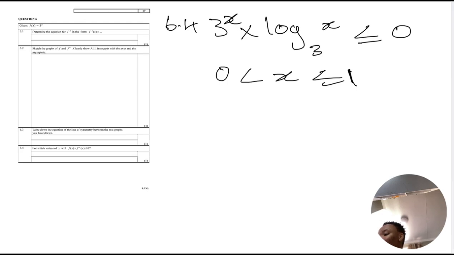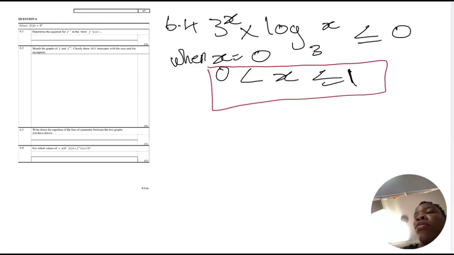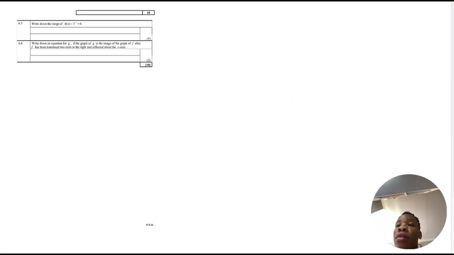So when x is equal to 0, we will have this limit. Next, these are the values, I mean to say. Let's move to the next question.